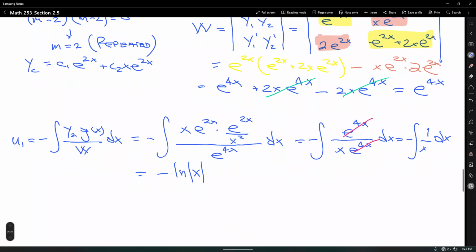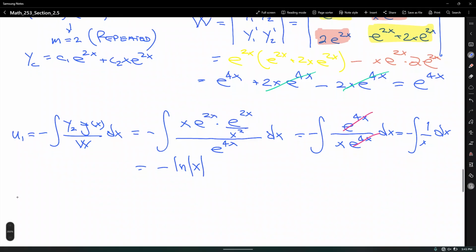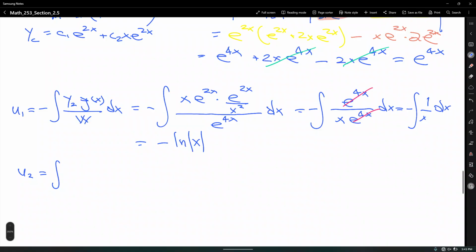Similarly, u sub 2 equals the integral of y sub 1 g of x divided by W dx. And again, I think I'm going to need more room here.